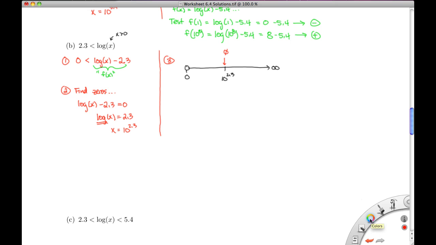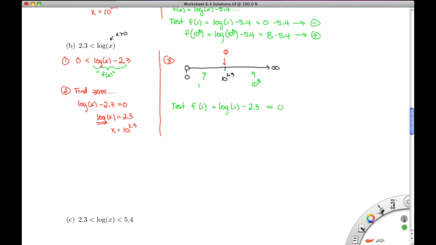And now we'll test points. Again, I'm going to pick 1, and since we already used it last time, we'll pick 10 to the 8 because we know what happens when we take the log of it. So we test f of 1 in our function f of x, so that's going to be equal to the log of 1 minus 2.3.